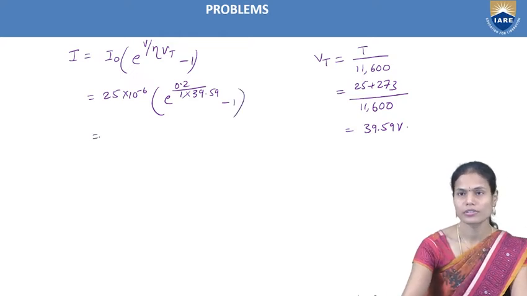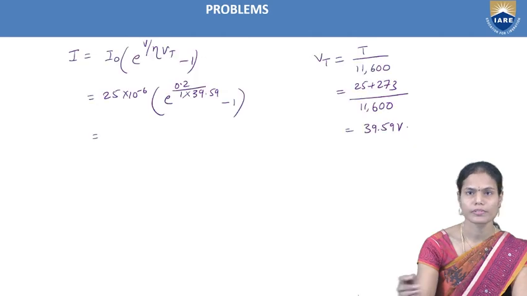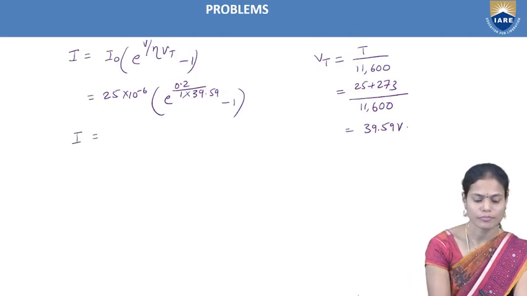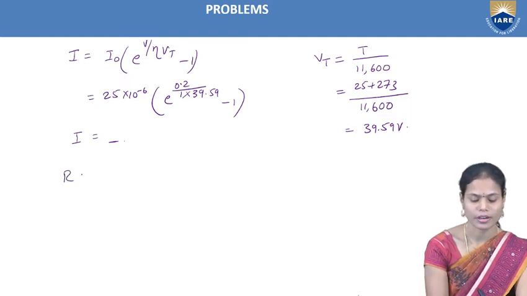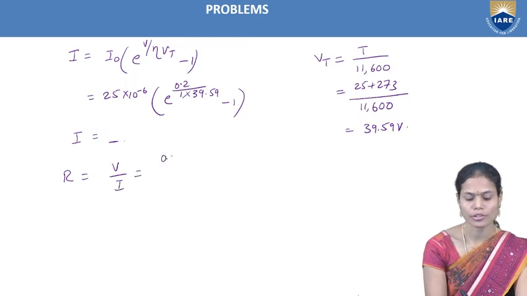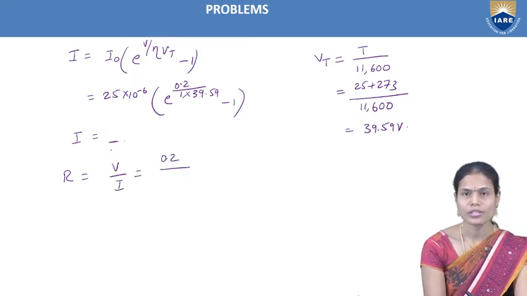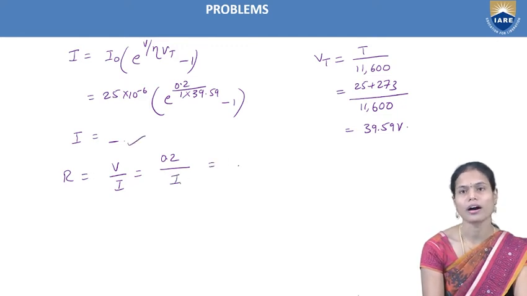If we solve this we will get the current value. Next, to find the static resistance, that is nothing but V by I. The V value is 0.2, already given. We need to substitute the I value to get the R value here, that is the static resistance value.